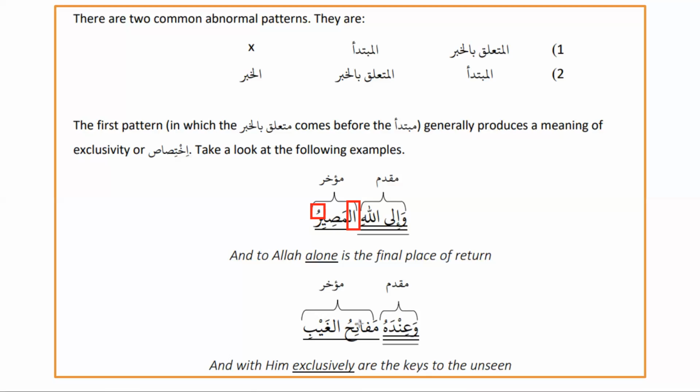Mafatihu, the mudaf, is common, but mudaf becomes proper if the mudaf ilayh is proper. So al-ghaibi is proper, so mudaf is also proper. So the mubtada is also proper here. Just keep in mind, in both of these examples, we have mubtada which are muakhar, but both mubtada are proper. Because we are going to learn another important rule on the next page.